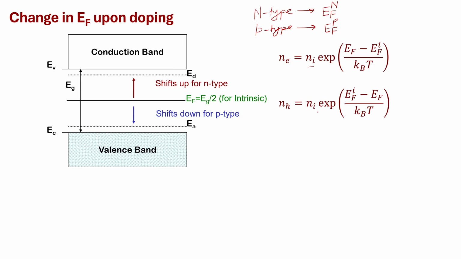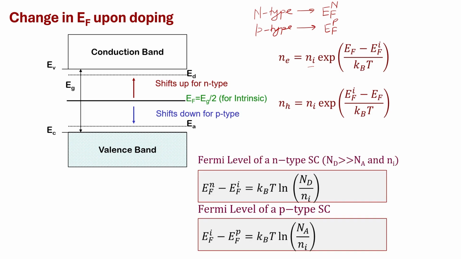Similarly, we can write Nh is equal to Ni times exponential of (EFi minus Ef) divided by kT. Now, if you take the log on the other side, we can write this as ln of Ne divided by Ni equal to (EF minus EFi) divided by kBT.